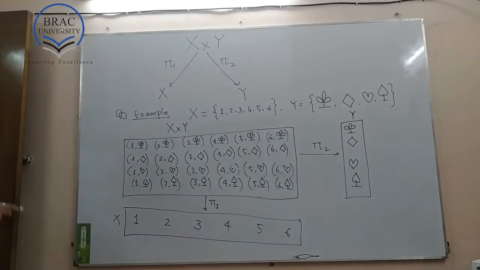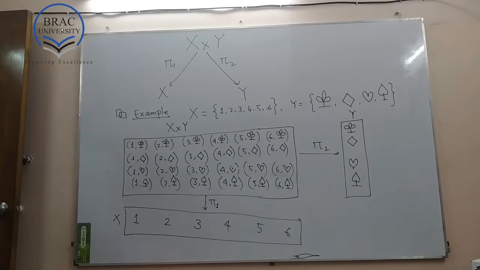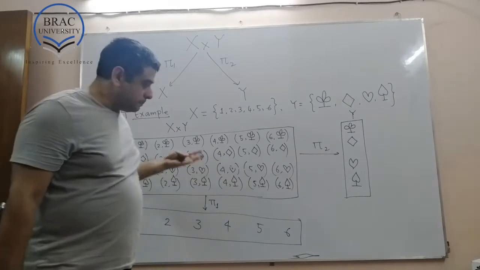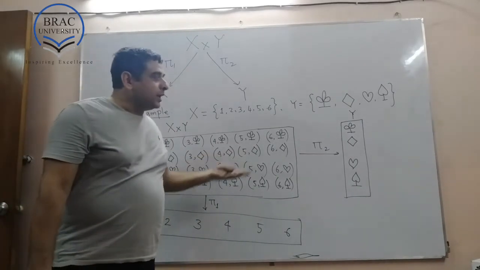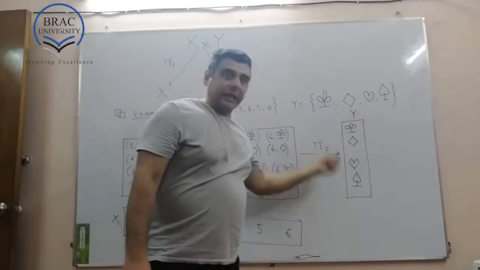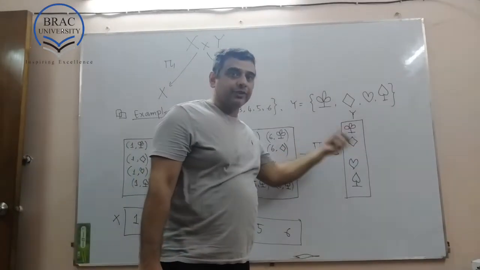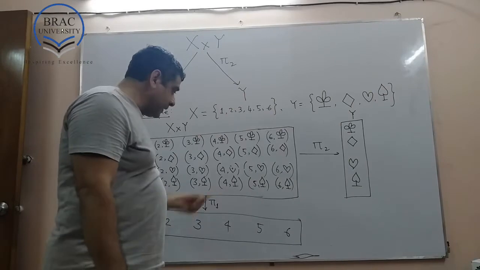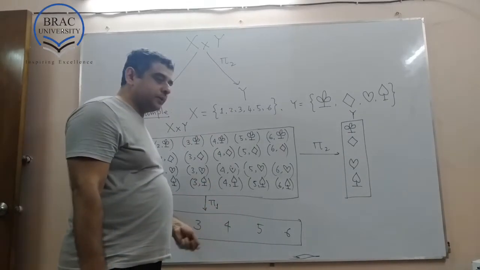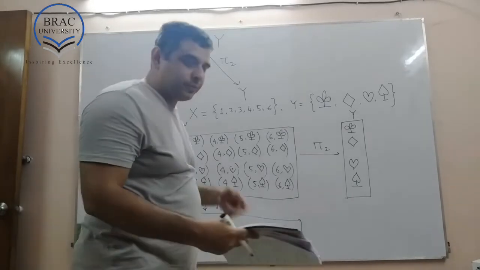So it's a surjective map, but not injective, because it's many-to-one. But it's surjective, because all of the elements in this set Y are exhausted. So are the elements in X under the map phi 1. So they are surjective, but they are not injective.